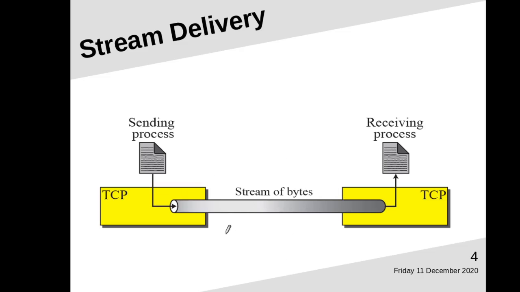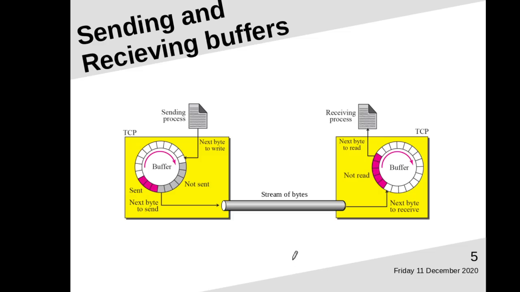Now, because the sending and receiving process may not necessarily write and read data at the same rate, both of them will have a buffer, right? So suppose they have this kind of buffer, they will write at a particular speed and they will read at a particular speed. However, the capacity of transmission is another speed.